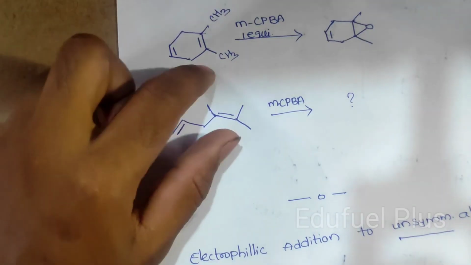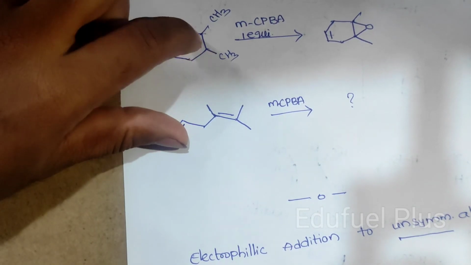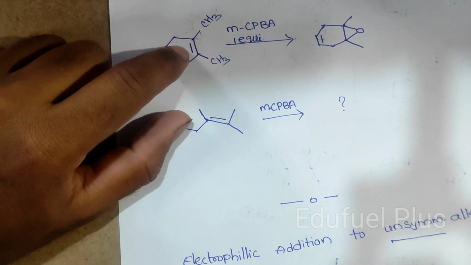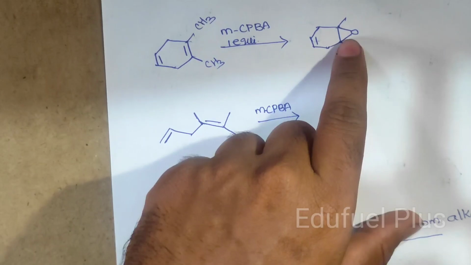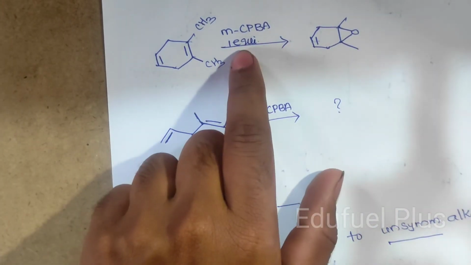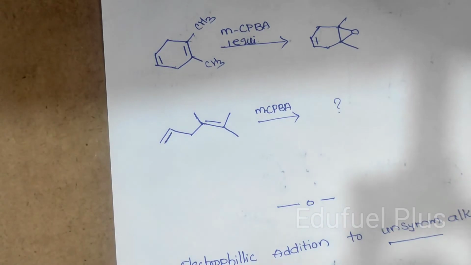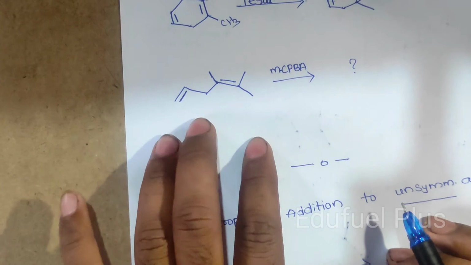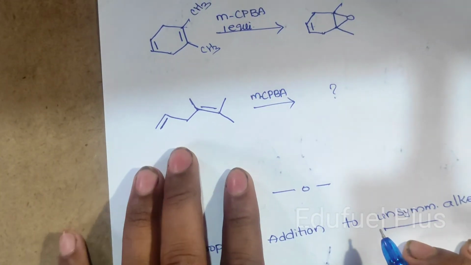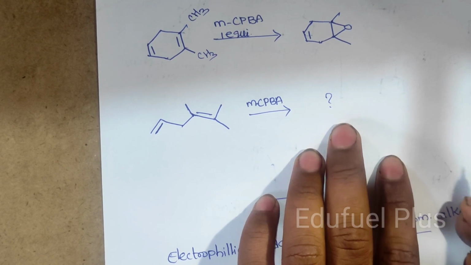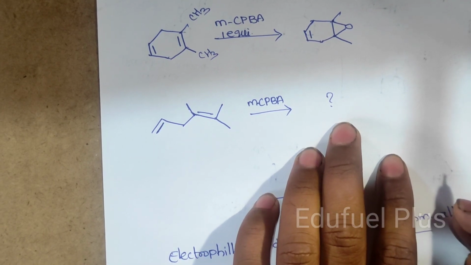These two methyl groups increase the nucleophilic nature at this carbon pi bond. Therefore the epoxidation takes place at this position only when we treat this type of molecule with one equivalent of MCPBA. Here also the same thing will happen, so you can write the product here and let me know in the comment section what the product is.